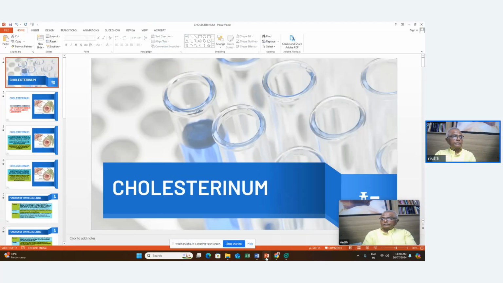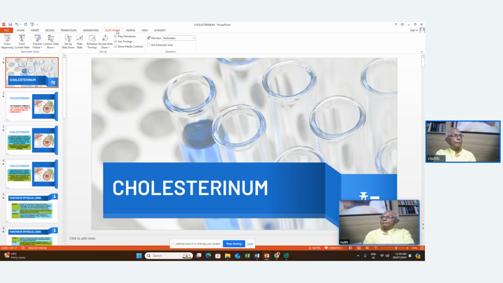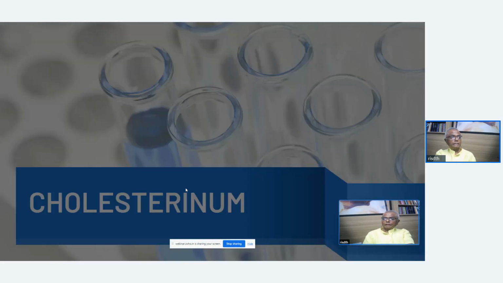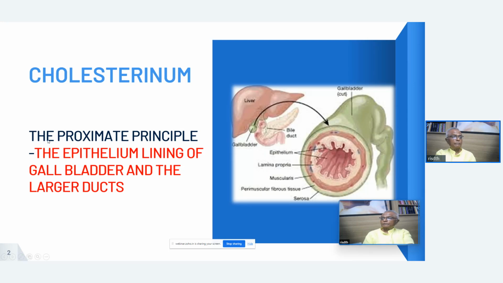So this is Cholesterinum. What is Cholesterinum? We have to see what we actually mean by Cholesterinum. This Cholesterinum is a proximate principle, that is, the epithelium. You see in the photograph the epithelium lining of the gallbladder and the large ducts.